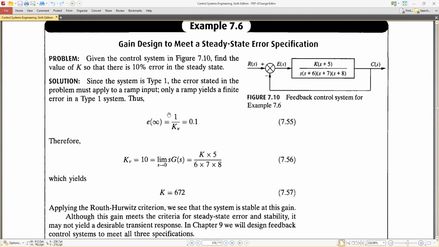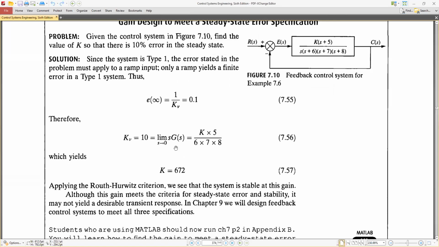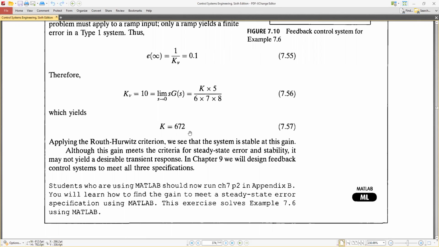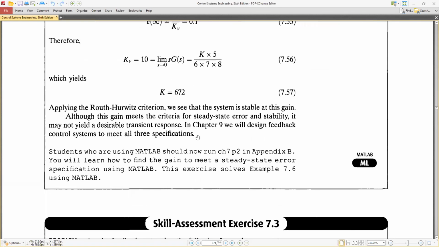The error stated in the problem must apply to a ramp input. Only ramp yields a finite error in a type 1 system. So 1 by Kv is 0.1. So therefore Kv is, put this value, K is equal to 672.